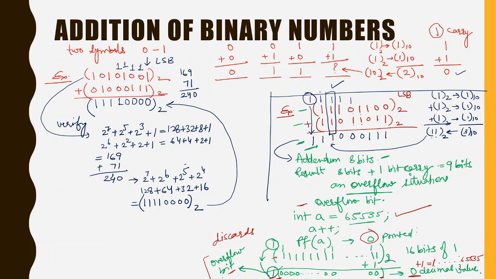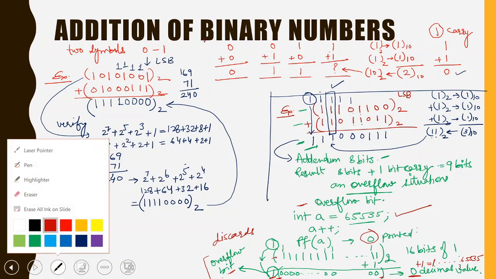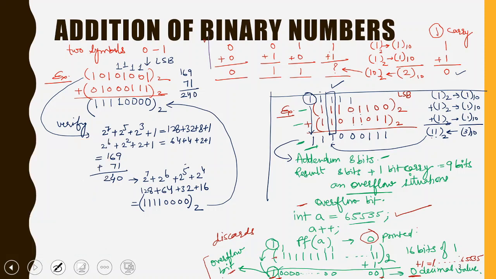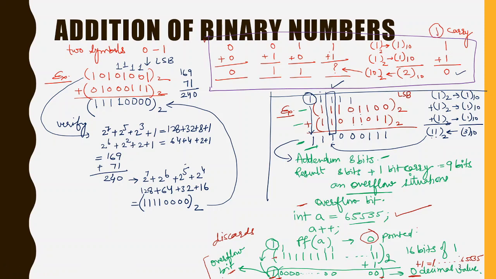So the two things we can take from here are, first, what the rules are for performing addition. Second, when you have triple one as a situation, it gives you 3 as a decimal, which is 11 as binary.